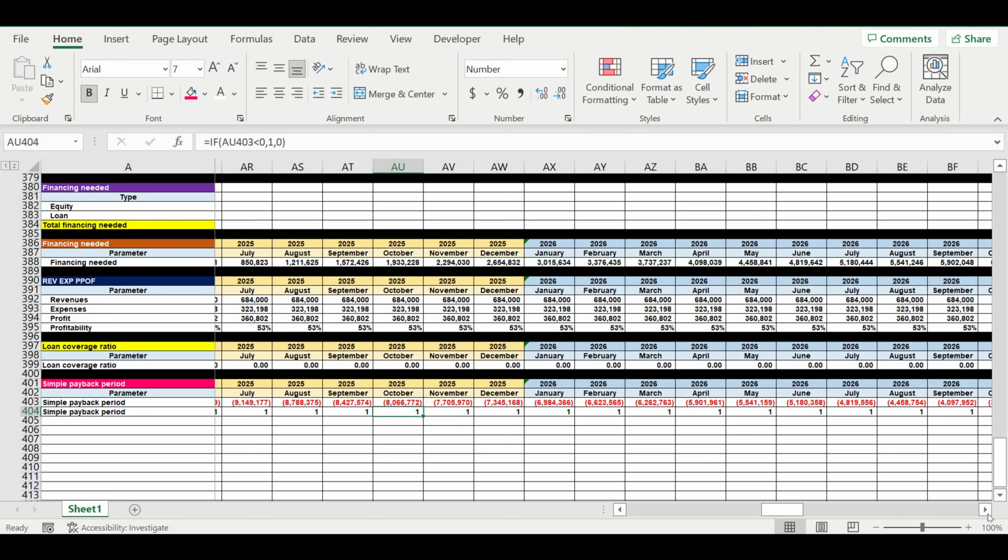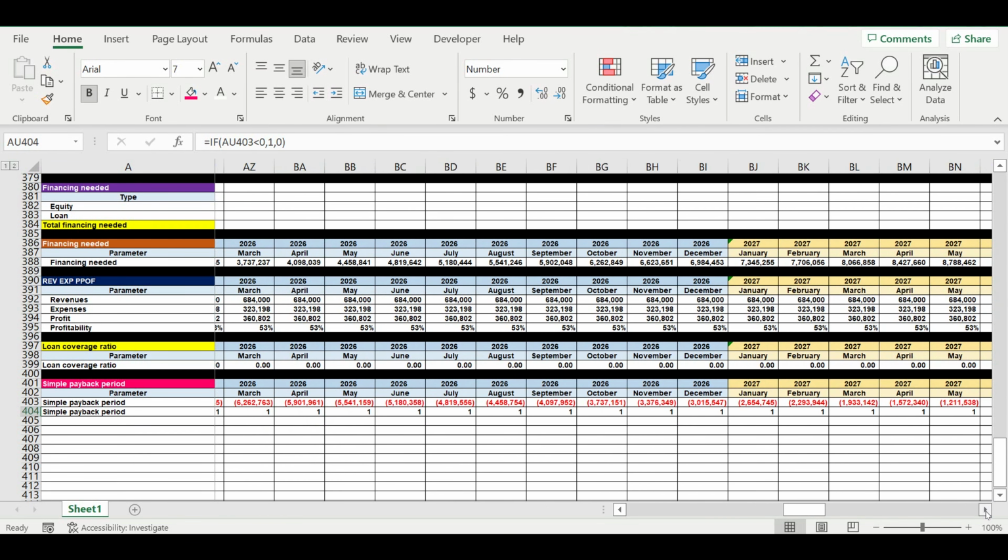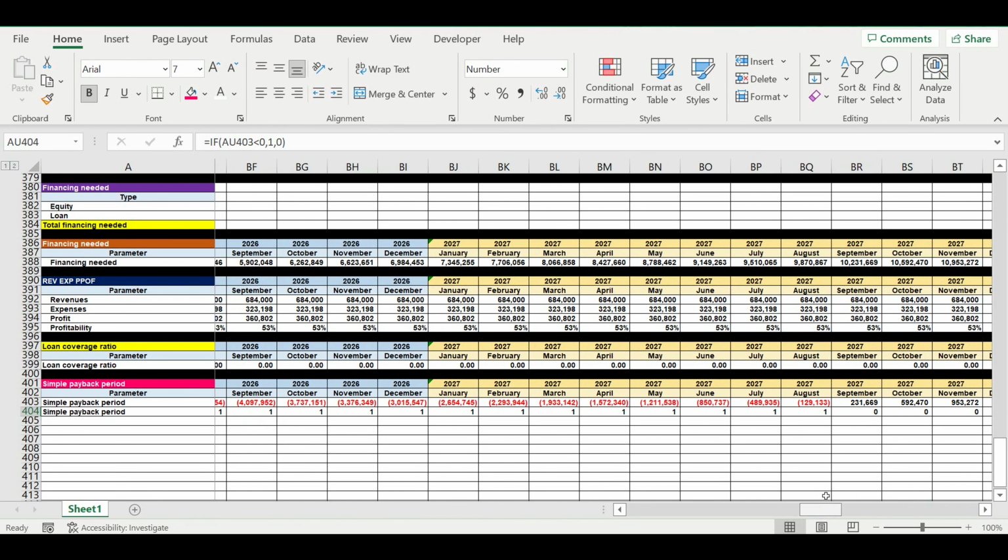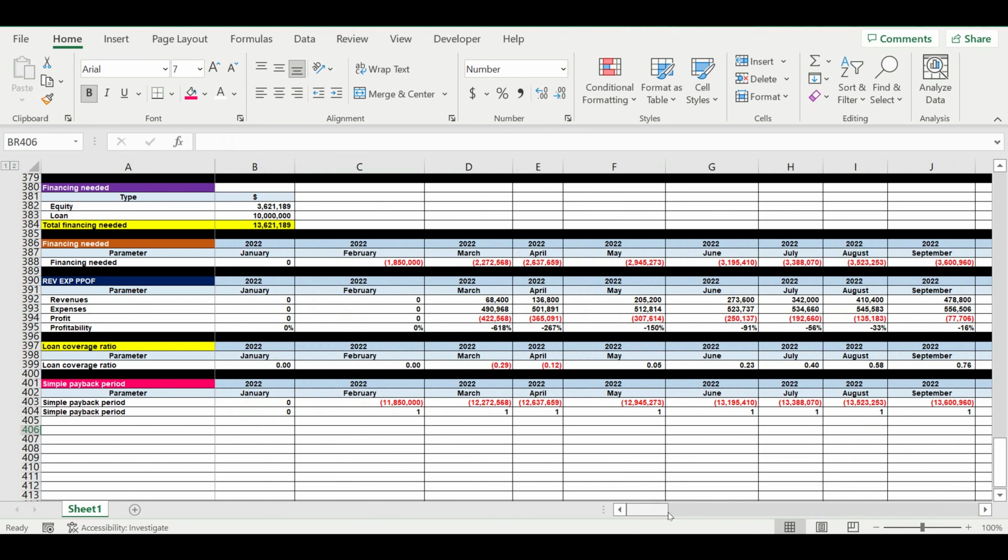So when reds turn to black, we have 0 here, 1 here. So now we know that the simple payback period is 67 months. And we can also create a diagram for that.